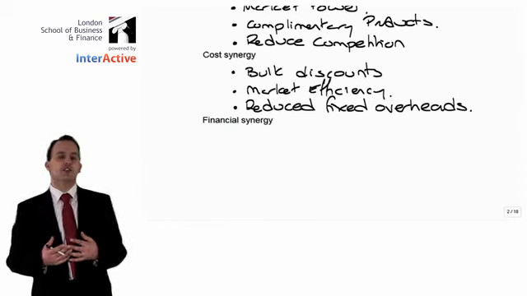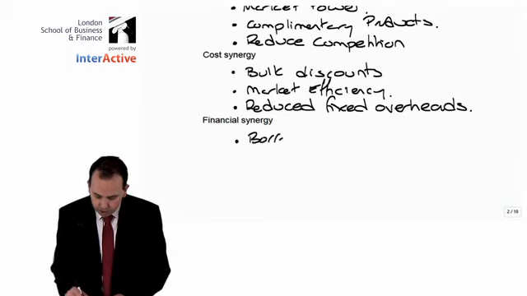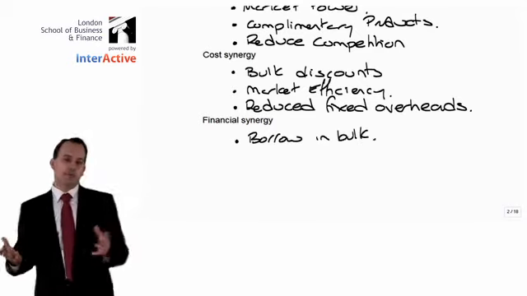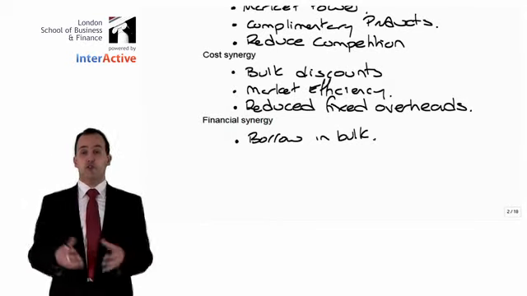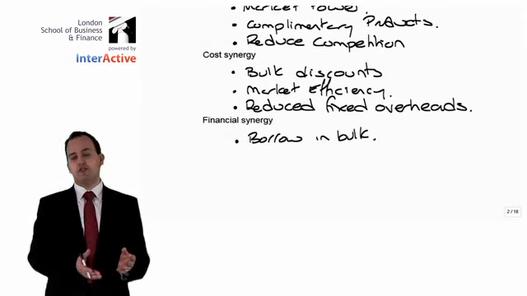Finally, we can consider financial synergies. First of all, companies that are larger should be able to borrow in bulk and therefore be able to get a much better rate on all of their borrowings. For two reasons. First of all, you are simply borrowing a larger amount of money and therefore you will tend to get a better rate.